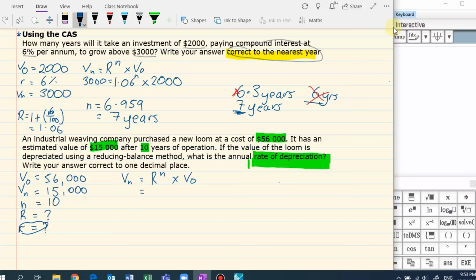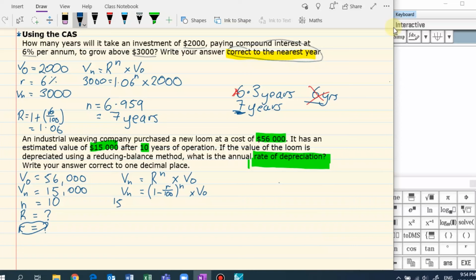We know that that is made up of 1 take r over 100, because it's a depreciation problem, all to the power of n times V0. And it's just going to make it a little simpler down the track. So now we're going to substitute in everything we know.